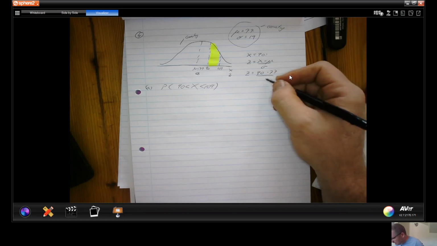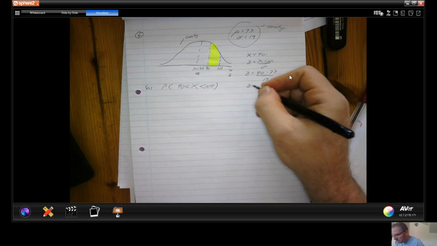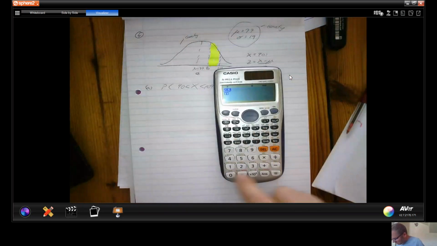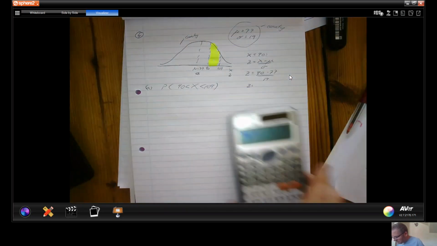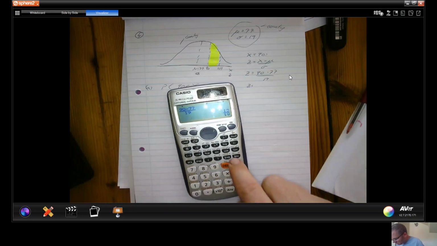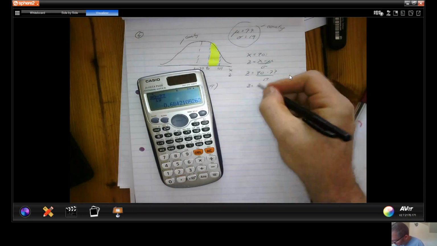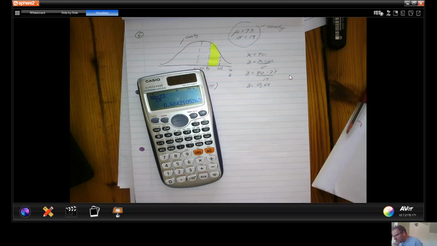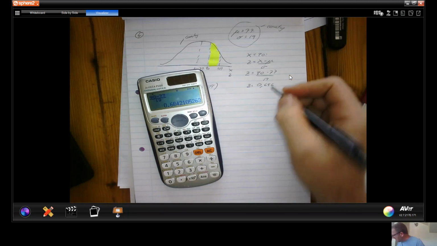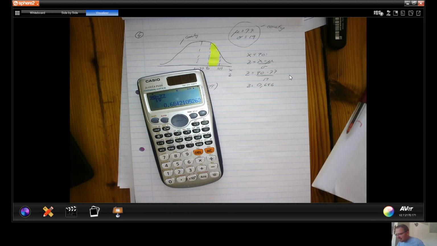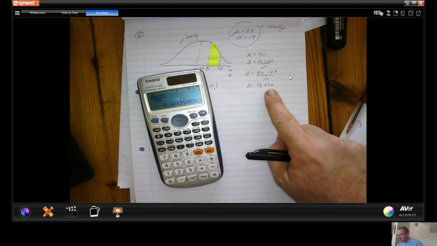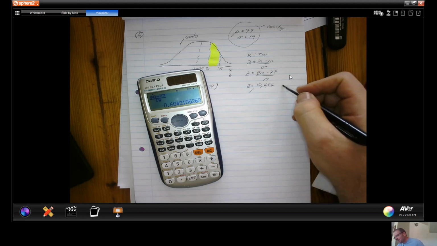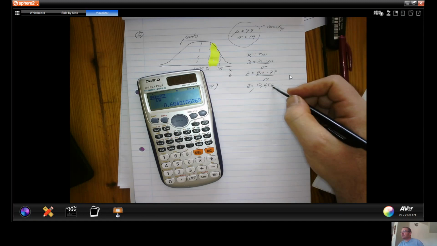If we work that out, we get a Z score of 90 minus 77 divided by 19, and I get 0.684. Always use 2 decimal places for your table. Sometimes, guys, in a case like this, they work out a Z score of 0.68 and a Z score of 0.69, and say 0.684 is somewhere in the middle.